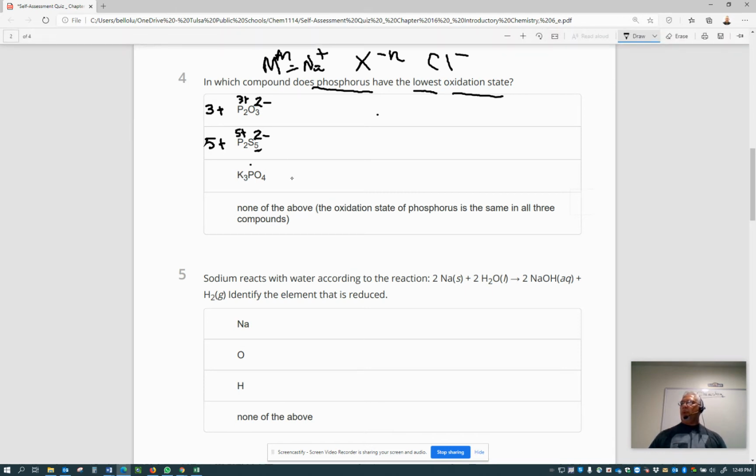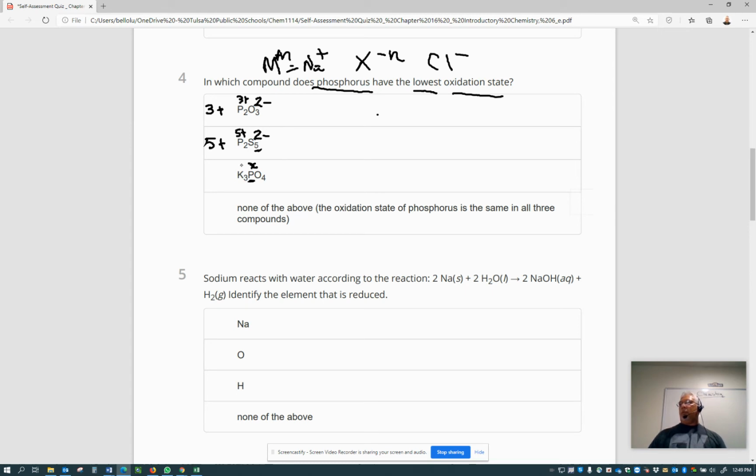On the next compound, the rule that I used for the first and second ones will not be easy to apply, because we have a ternary compound, with 3 different elements: potassium, phosphorus, and oxygen. So we need to find the oxidation number in this salt, potassium phosphate.